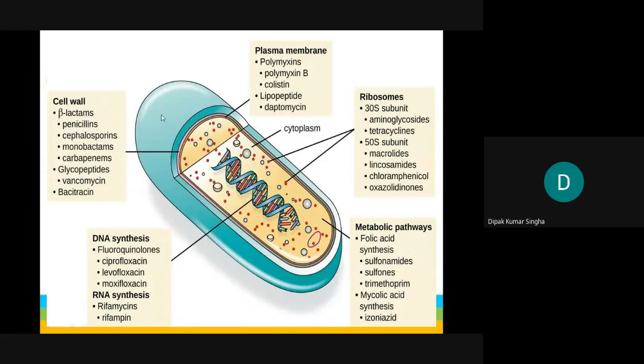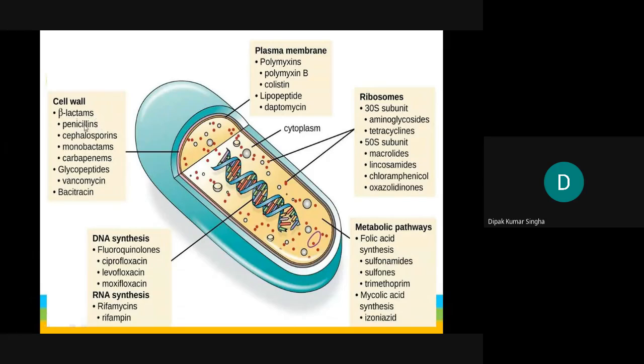The synthesis of this cell wall, which is composed of peptidoglycan in the case of gram positive and lipopolysaccharide in the case of gram negative. But in either composition, if the cell wall is destroyed, I am 99.9% sure that the organism will be killed or inhibited. And which type of antibiotics?